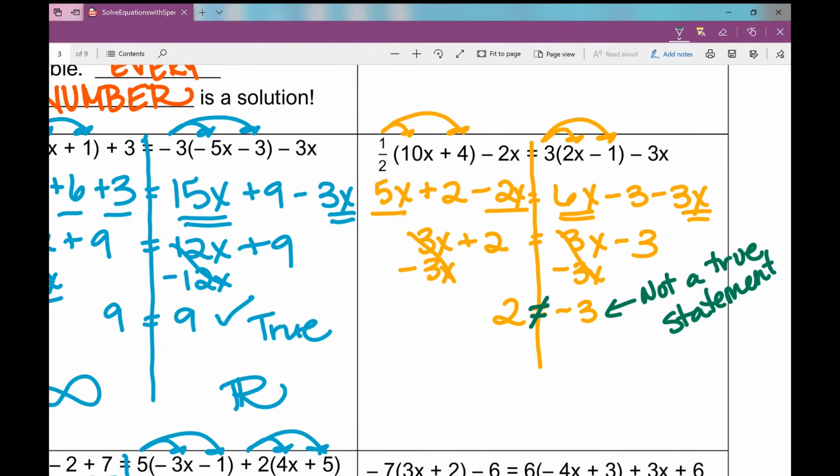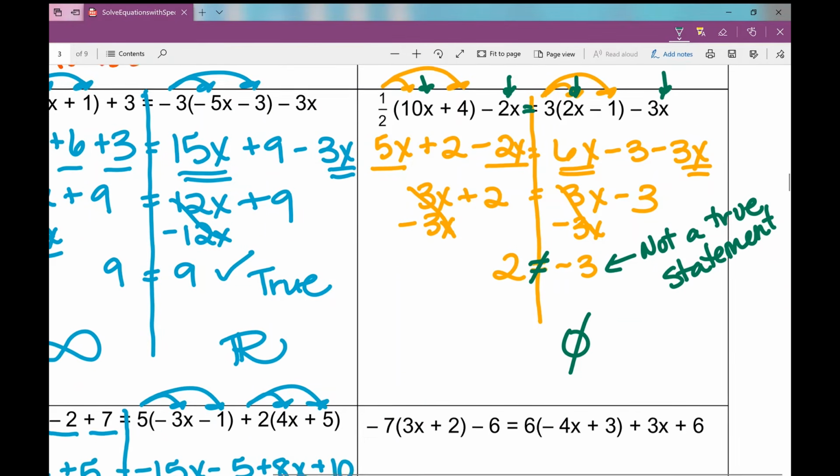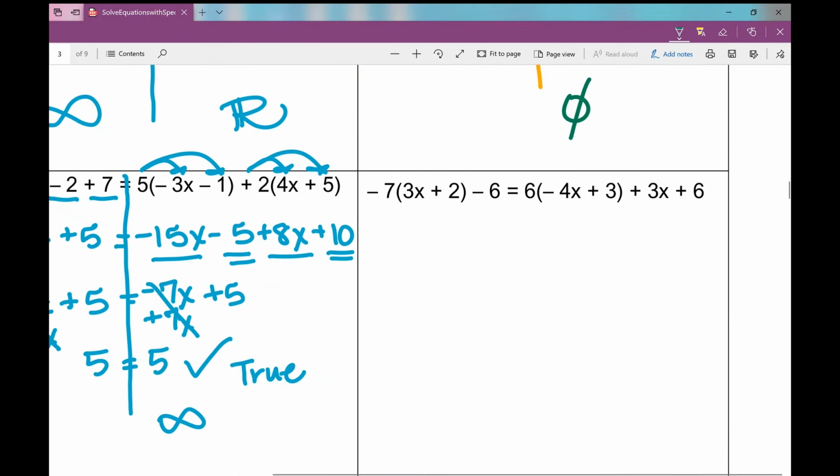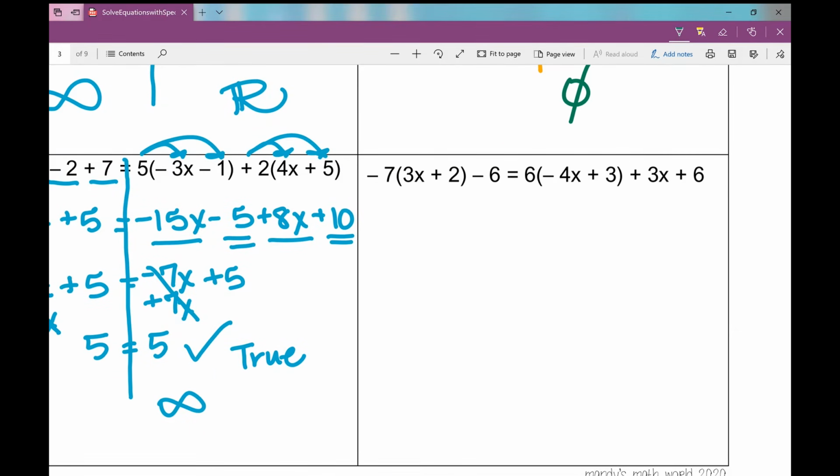There's no value out there when I plug in that same value for x for everywhere you see an x in this equation, you will never get the left side equal to the right side. It won't happen. There's no solution. So let's move on to the next example where you'll see the same thing happen.